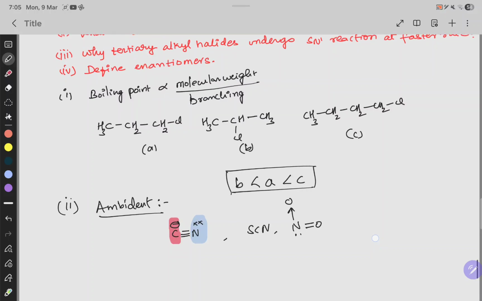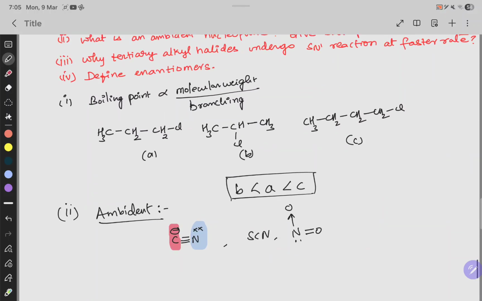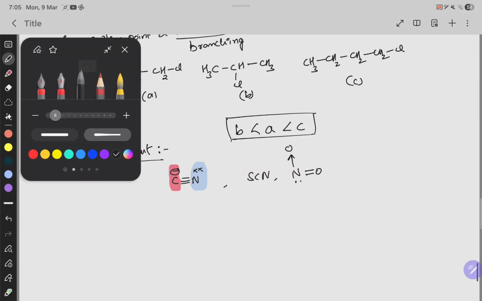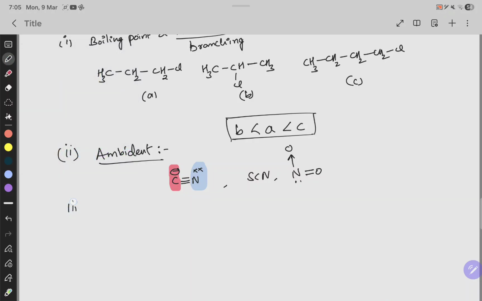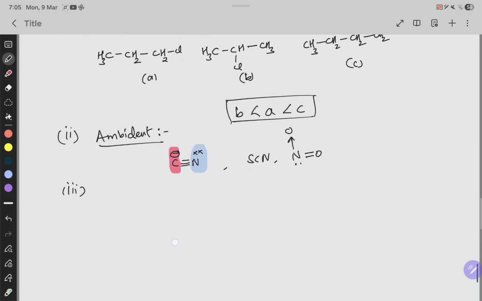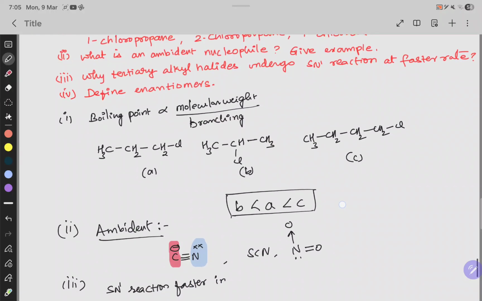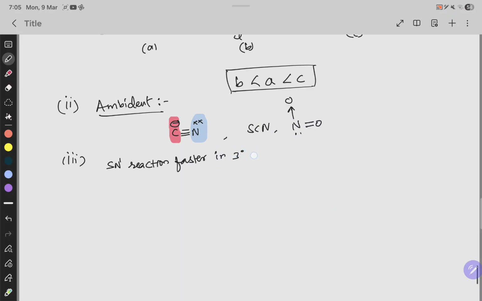And the third one, why do tertiary alkyl halides undergo SN1 at a faster rate? See, obviously the SN1 reaction is faster in tertiary, 3 degree alkyl halides.